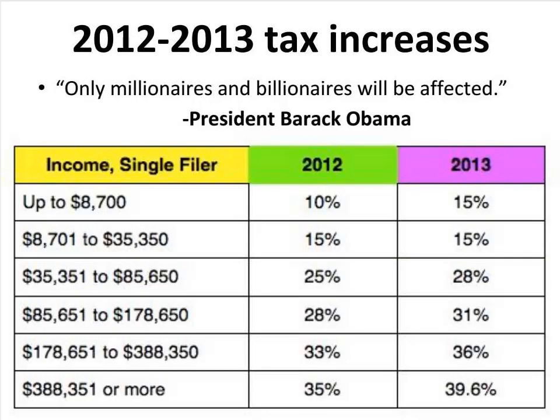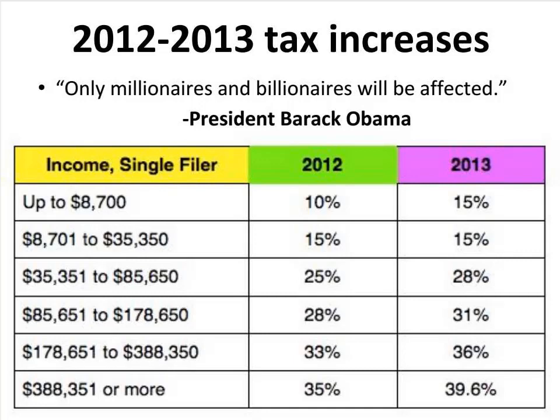In 2012 and 13, some misleading statements were made when President Obama said he was going to see to it that only millionaires and billionaires would be affected by tax increases, when in this time period you saw people even in the lowest tax brackets saw their taxes go up.